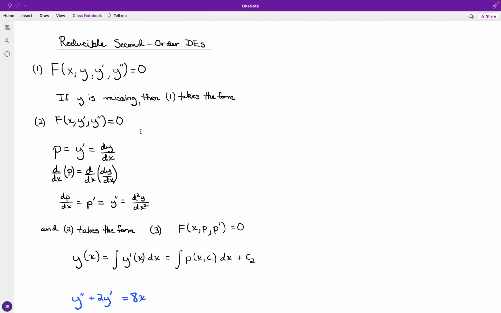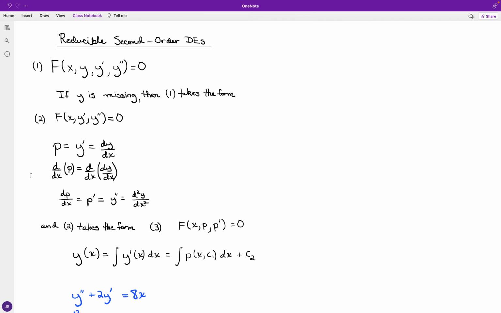And with reference to substitution, we can say we have a variable p equal to y prime, equal to dy over dx if we utilize Leibniz's notation. And if we take the derivative with respect to x of p, so you have dp over dx, that is simultaneously equal to the second derivative of y with respect to x.